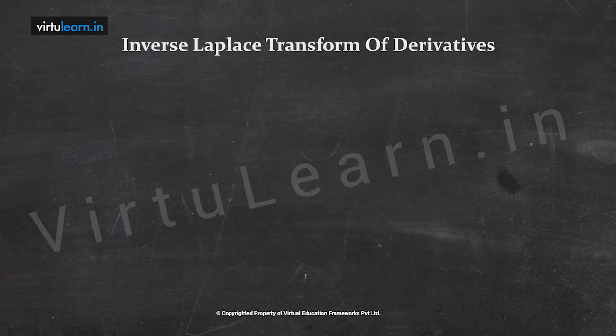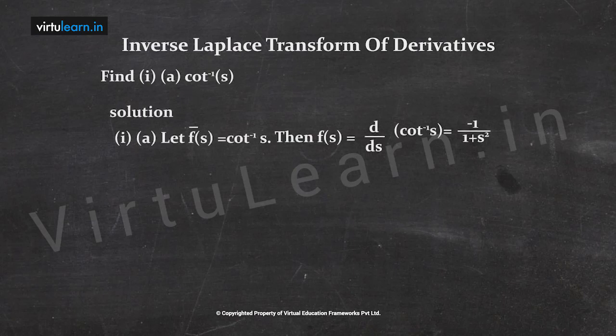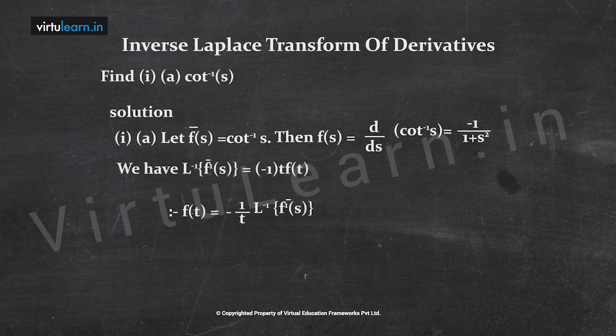Now let me solve one problem in terms of cot inverse or tan inverse. Find the inverse Laplace transform of cot inverse s. Again let f bar of s equal cot inverse s. Then the first derivative of f bar of s, d by ds of cot inverse s, is minus 1 by (1 plus s square). Now L inverse of the first derivative of f bar of s is (-1) t times f of t.